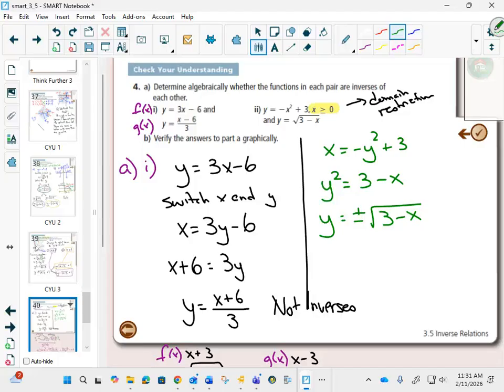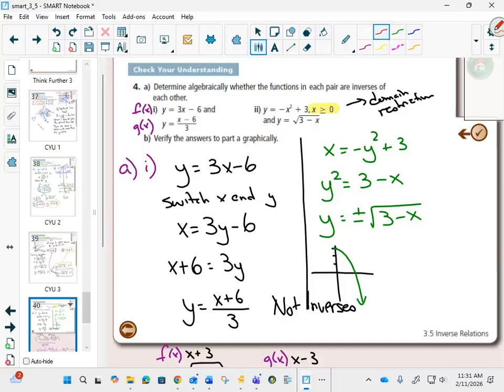Okay. One way you could do it is you could look at the graph. If we looked at the graph, negative x squared plus 3 is a parabola flipped down, shifted up 3 units. The parabola would go on both sides, but when x is bigger than 0, we only have this half. Okay?